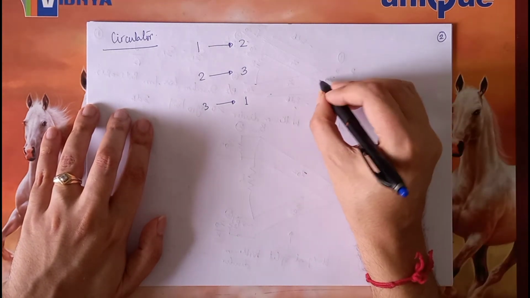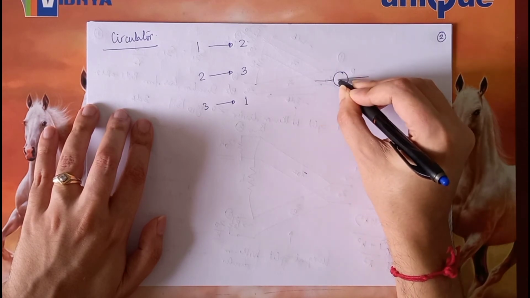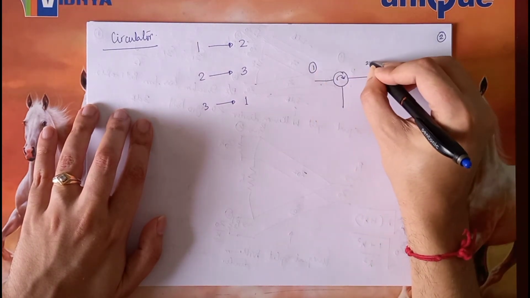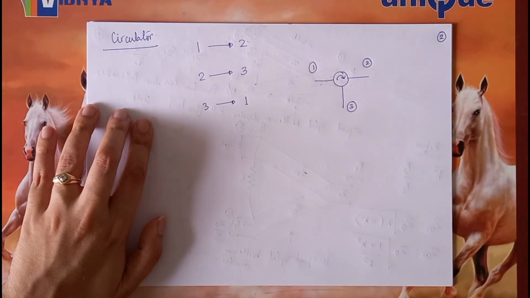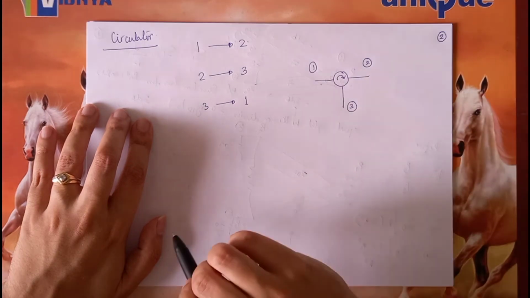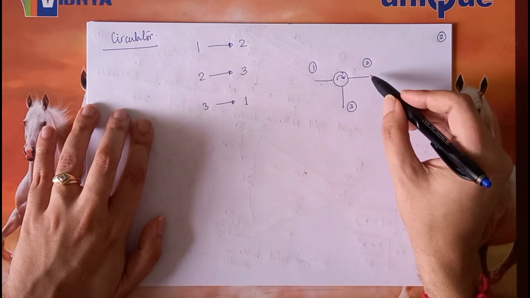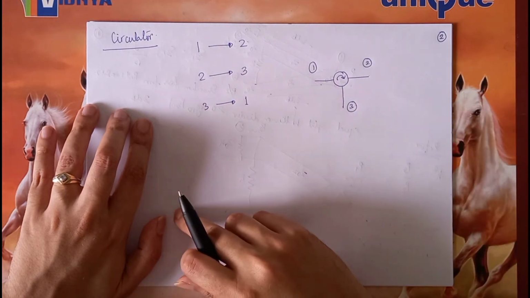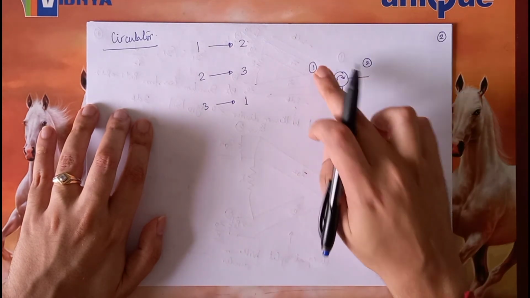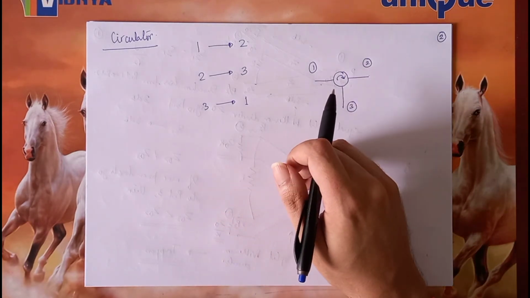So the symbol of a circulator essentially looks like a circle with a curved arrow. This is port 1, this is port 2, and this is port 3. Just to repeat, any input at port 1 is transferred into port 2 as output. Nothing comes at port 3. Any input at port 2 is transferred to port 3. Nothing comes out at port 1. And any input at port 3 comes as output to port 1 and nothing comes to port 2.